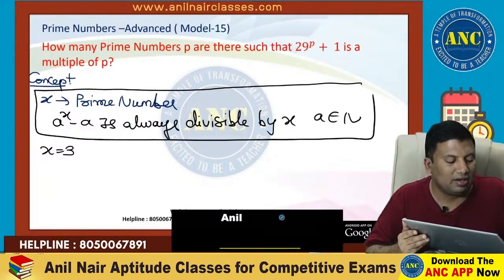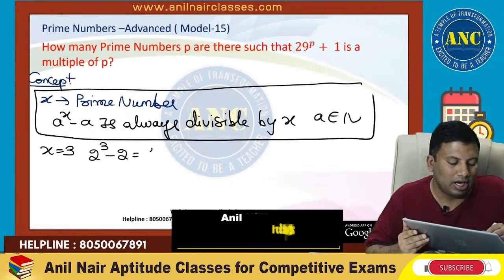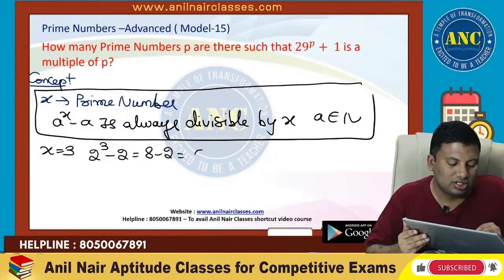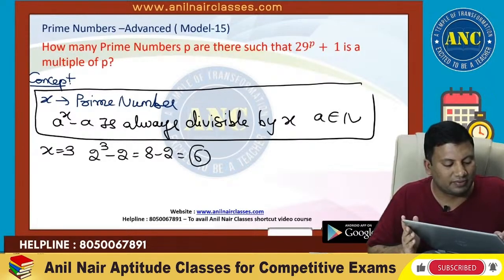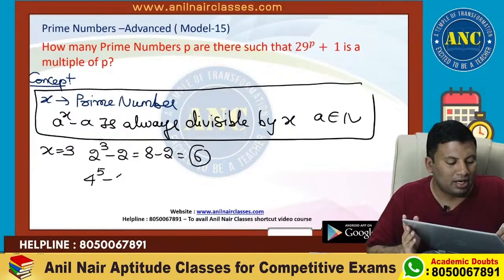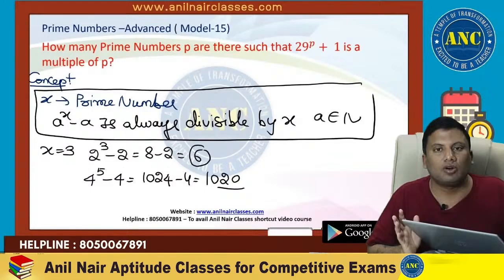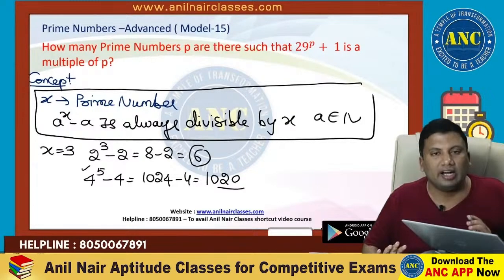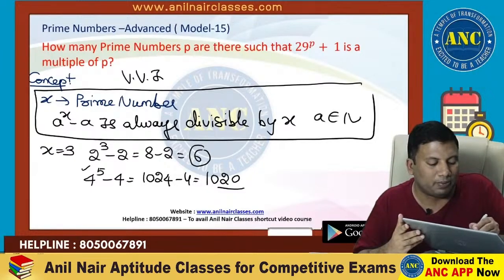If x is 3, 3 is a prime number, 2 cube minus 2, 8 minus 2, 6. 6 is perfectly divisible by 3. If x is 5, 4 power 5 minus 4, this is nothing but 1024 minus 4, which is 1020. 1020 is perfectly divisible by 5. Very, very important key point.